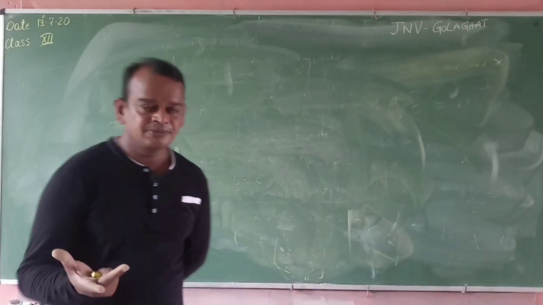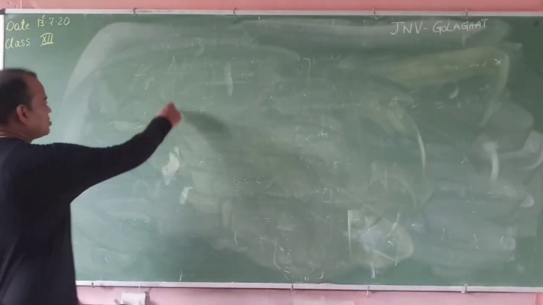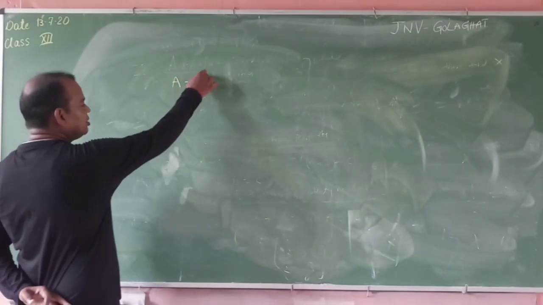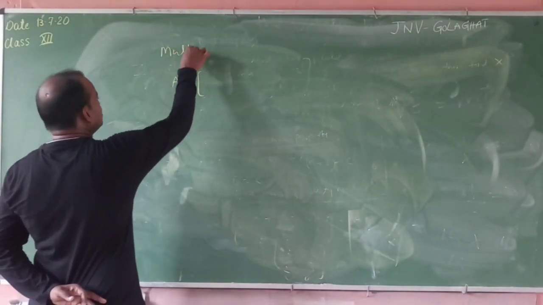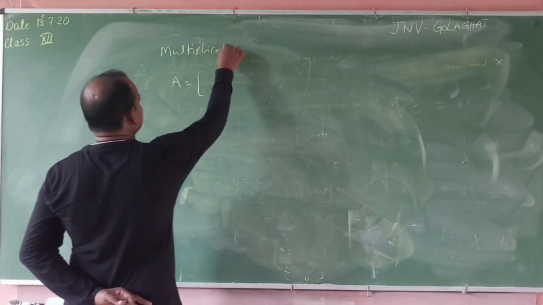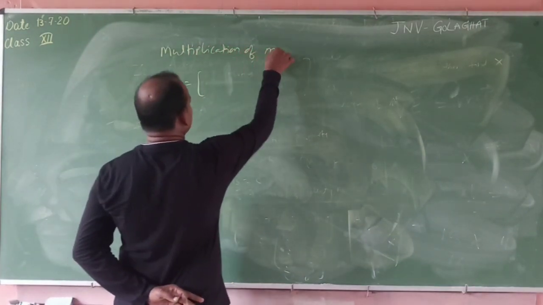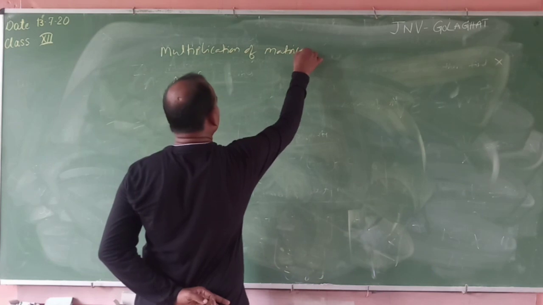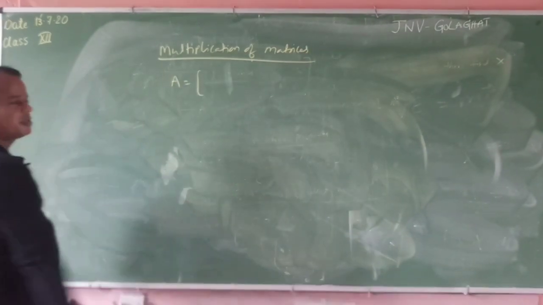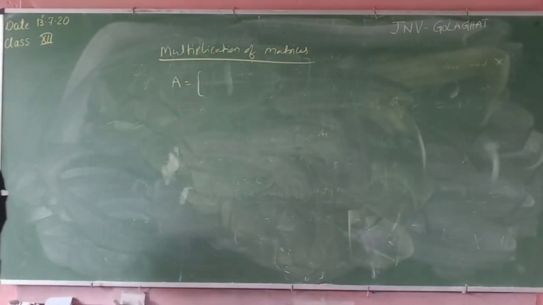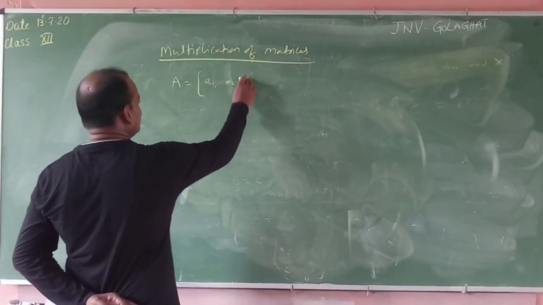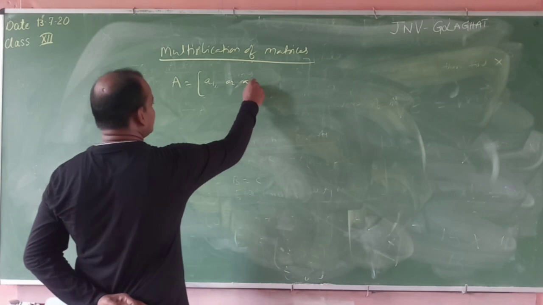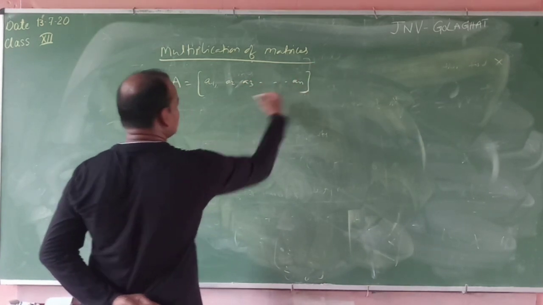Multiplication of matrices. Suppose A is equal to A1, A2, A3, and so on, up to An.